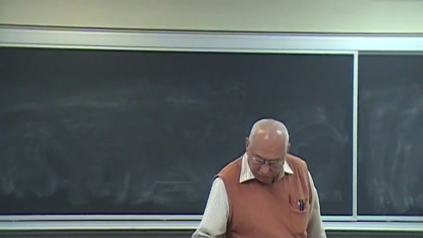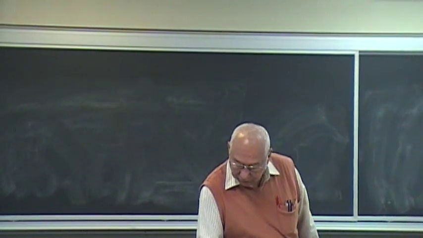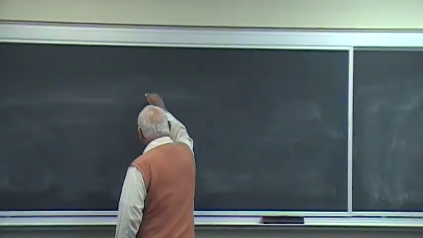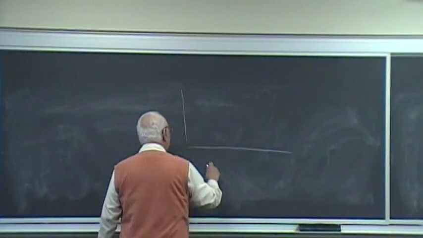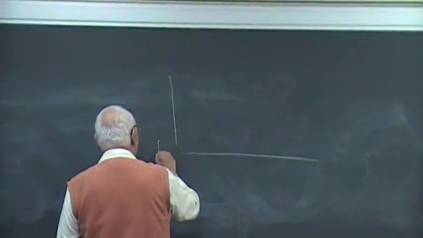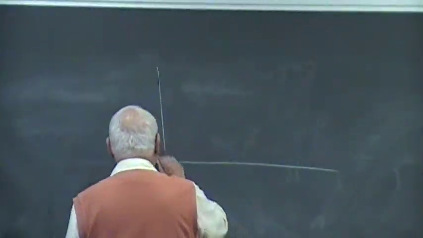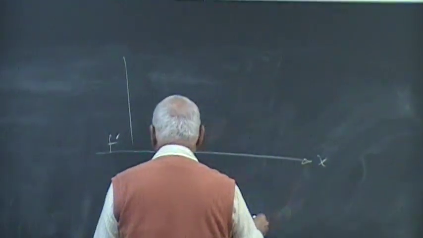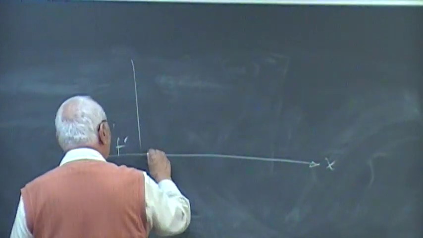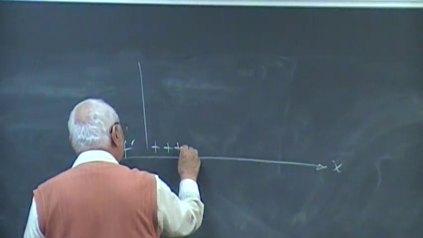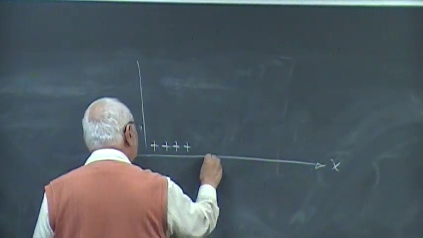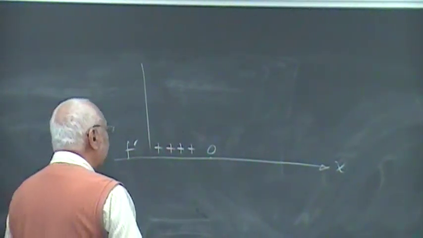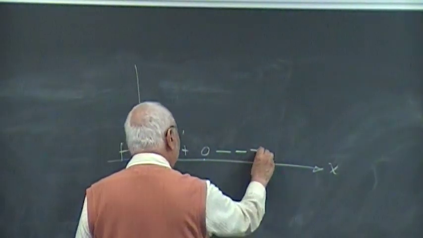What the first derivative test says is that if you have the derivative function, I'm going to put the sign of the derivative on top of the x-axis, the sign of the first derivative. Suppose you have plus, the derivative is positive for all these values of x, and then all of a sudden it's 0 or does not exist, and then it becomes negative.